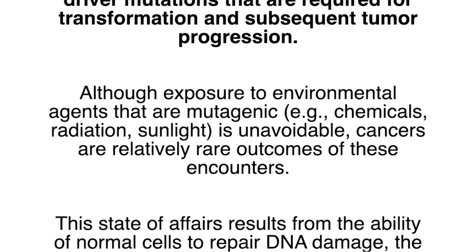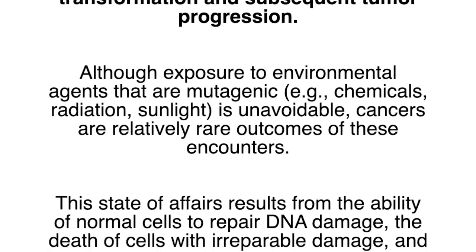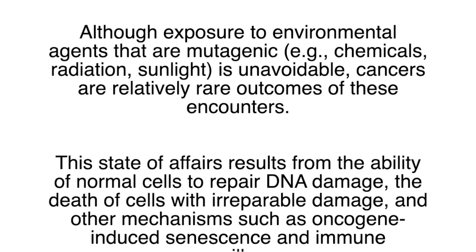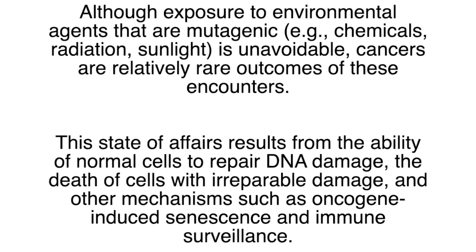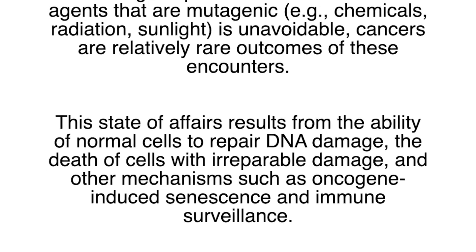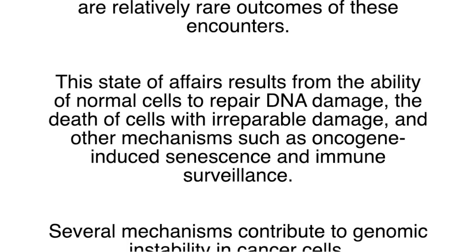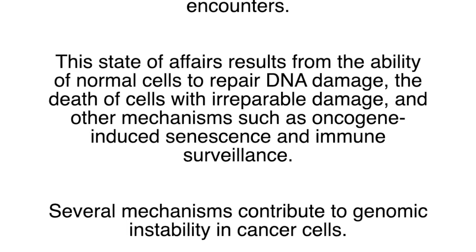This state of affairs results from the ability of normal cells to repair DNA damage, the death of cells with irreparable damage, and other mechanisms such as oncogene induced senescence and immune surveillance.